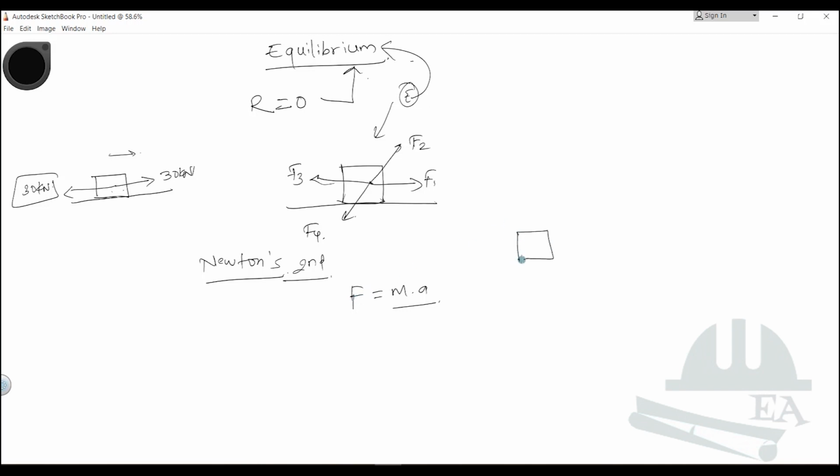If this is your body and you're applying a load of 20 kilonewton in this direction and a load of 10 kilonewton in this direction, then in the equation F equals ma, F is not 20 and F is not 10. F is 20 minus 10, because the unbalanced force in this condition is 20 minus 10, which is equal to 10 kilonewton. So this unbalanced force is also the resultant force.